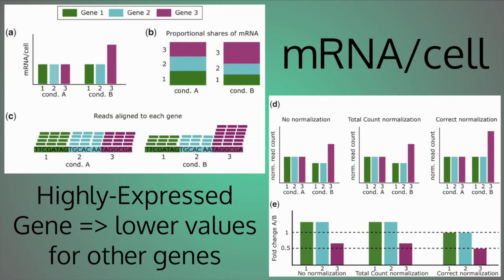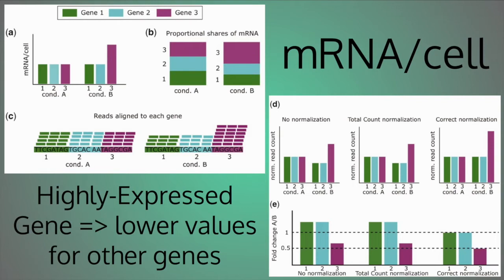So here are some scenarios and examples that show exactly why this is difficult to work with, why normalization is really important. The first concept has to do with the amount of mRNA in the cell, or the total mRNA in a cell.